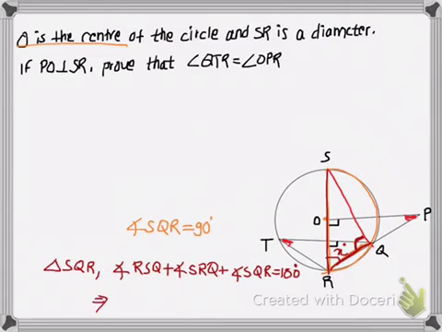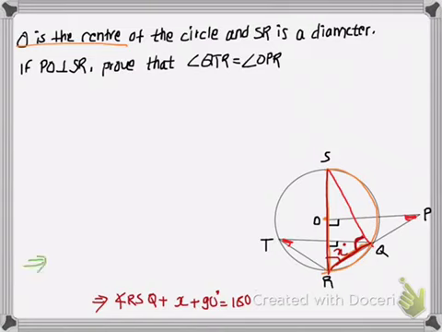Angle SRQ I have assumed to be x degrees, and angle SQR we know is 90 degrees, so it equals 180 degrees.